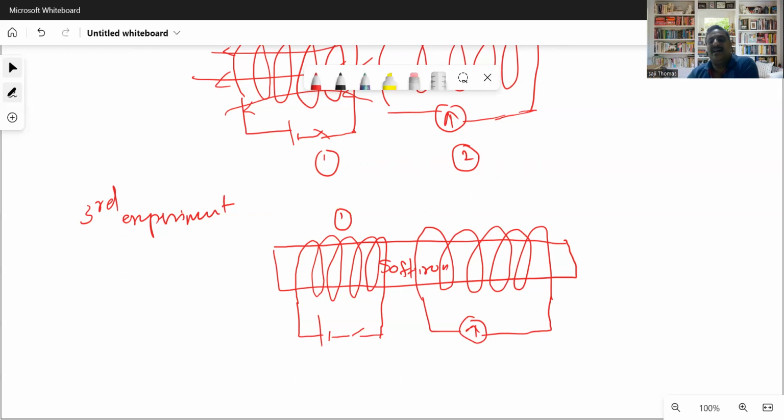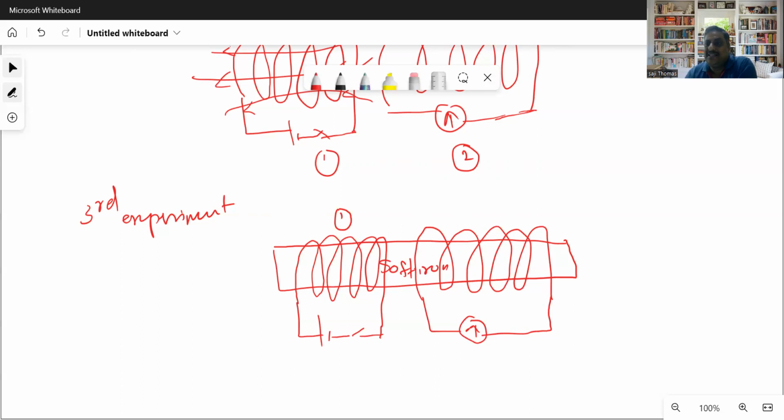So these are Faraday's experiments on electromagnetic induction. So what is the conclusion here? Whenever the magnetic flux linked with a coil or a circuit changes, a current is induced in it. And this induced current lasts as long as the change in flux takes place.